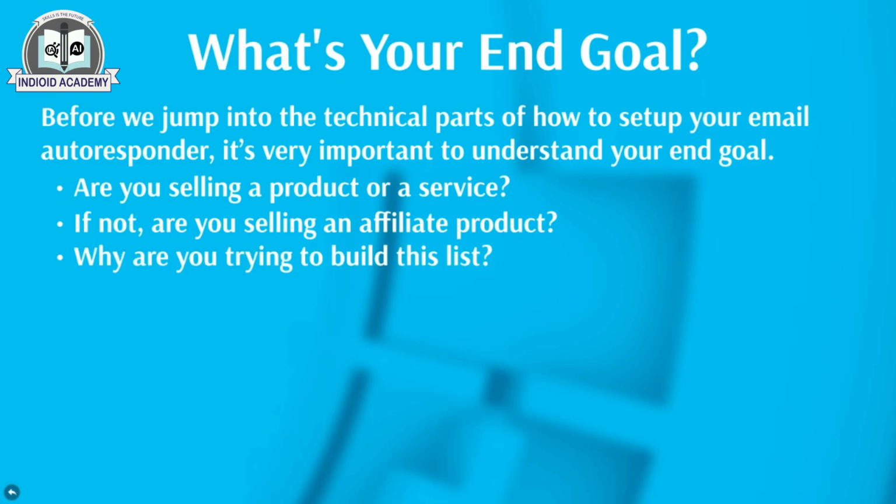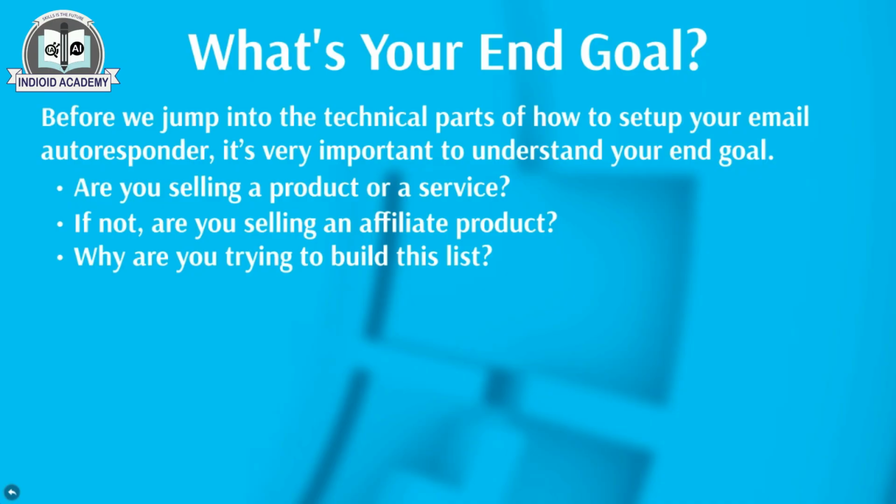The reason I ask you to write this down is because if you're selling your own product, you can do a few things like build a relationship. And there are a few more things you could easily do, like brand yourself, provide more value. There's a different way of doing it, basically.